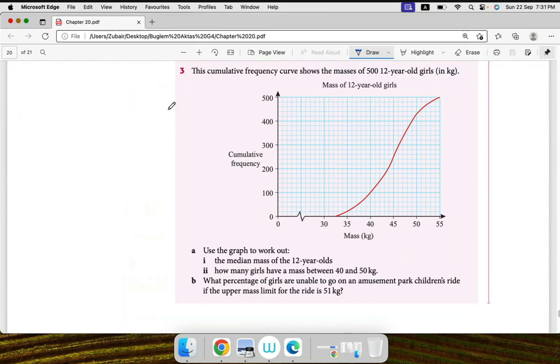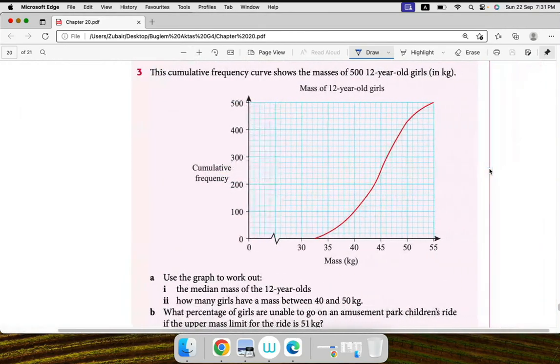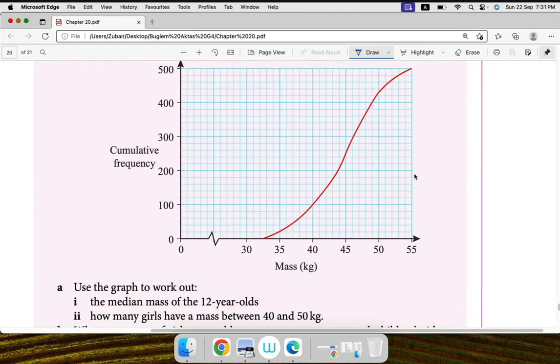Use the graph to work out the median mass of 12-year-old girls. Median mass, 45. That is 45.